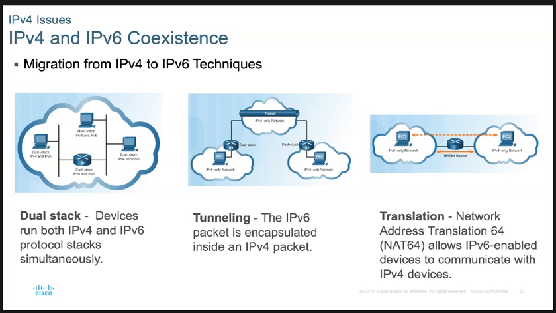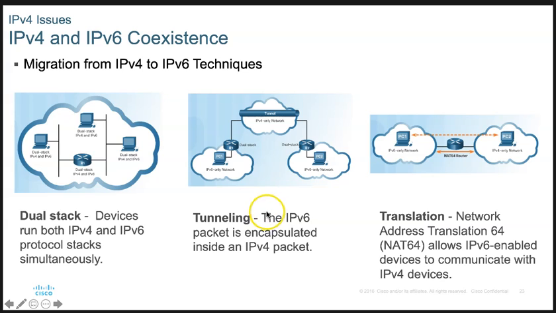Now, the problem is that some companies are using IPv4, other companies are using IPv6. So how can we solve this communication problem? Well, we have temporary solutions until we completely convert to IPv6. One is known as dual stack, a router that supports both IPv4 and IPv6.